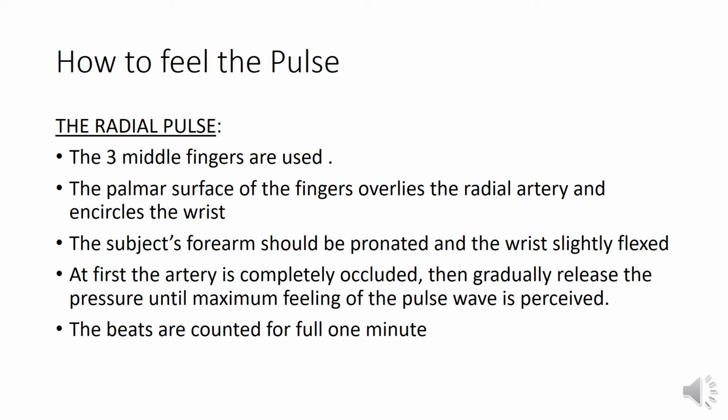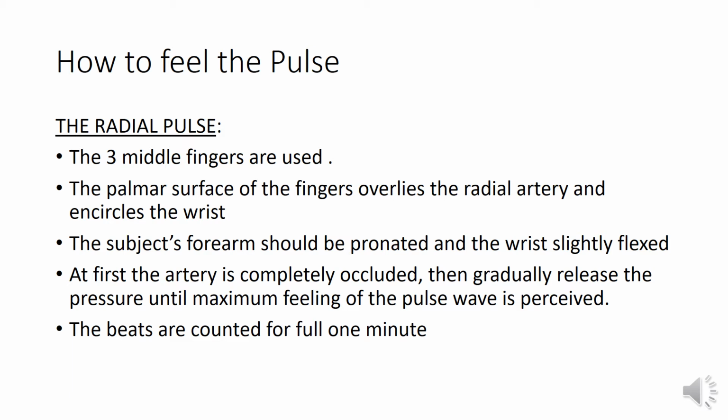The palmar surface of the fingers overlies the radial artery and encircles the wrist. The subject's forearm should be pronated and the wrist slightly flexed. At first the artery is completely occluded, and then we gradually release the pressure until the maximum filling of the pulse wave can be perceived on the palmar surface of the fingers. The beats are counted for a full 1 minute.